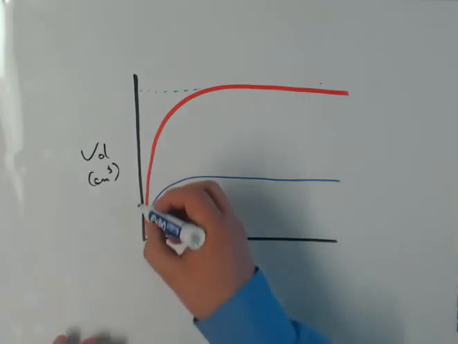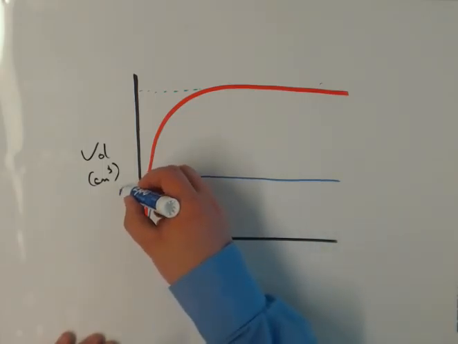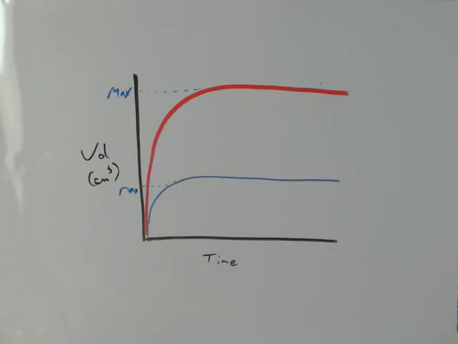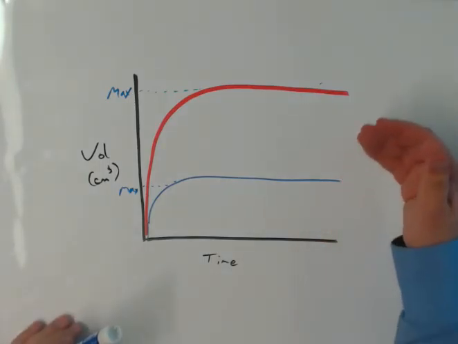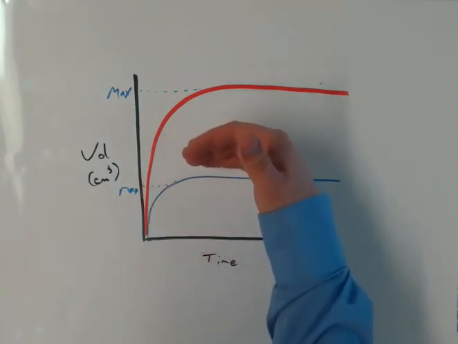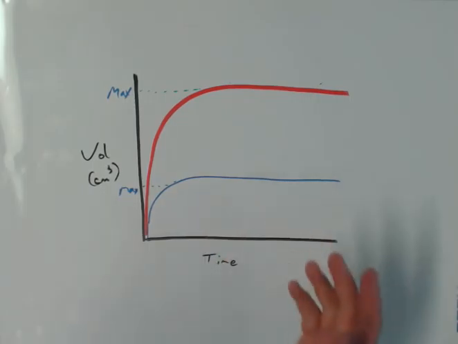So that would be a lower maximum. Put max back up there as well. You see, smaller amount of reactant, so it's gone less far up the y-axis. Still started off the same speed, but has slowed down.